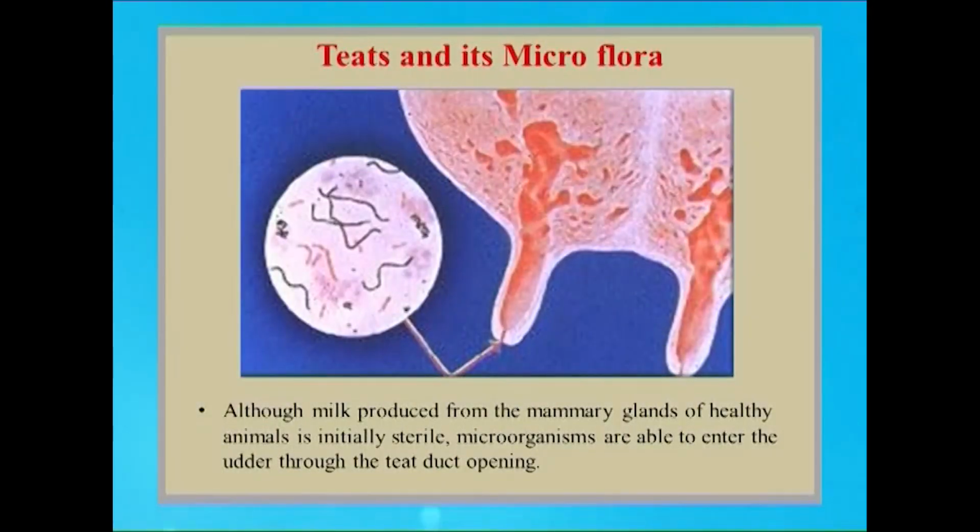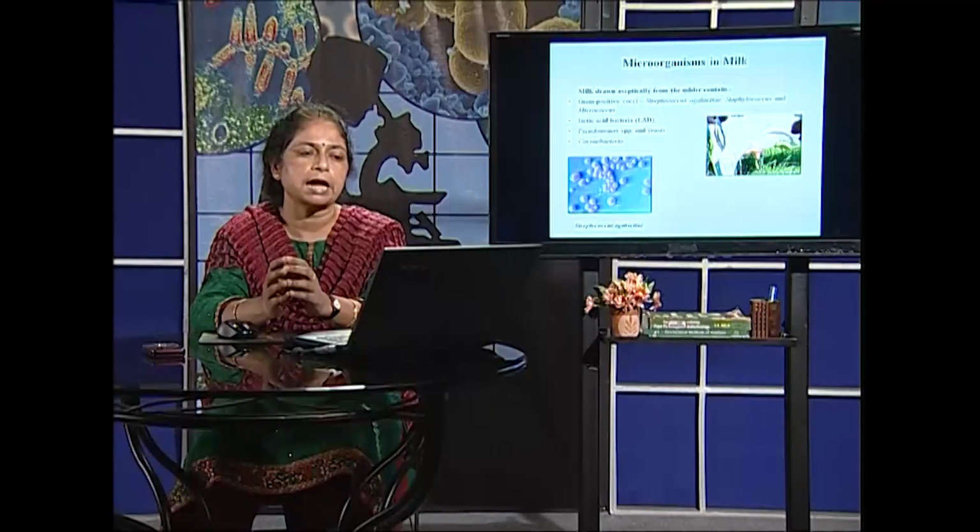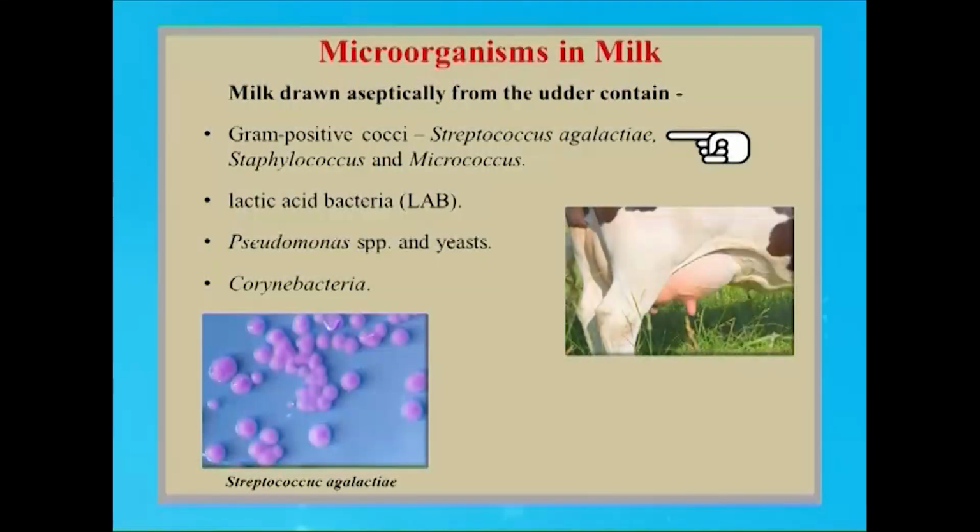Although we say that the milk produced in the mammary glands of a healthy animal is initially sterile, it can be infected because microorganisms are able to pass inside the udder through the teats. So, the milk drawn aseptically from the udder of an animal contains gram-positive cocci like Streptococcus agalactiae, Staphylococcus and Micrococcus. We have the presence of numerous lactic acid bacteria. Also, we can find species of Pseudomonas, Corynebacterium and many species of yeast.